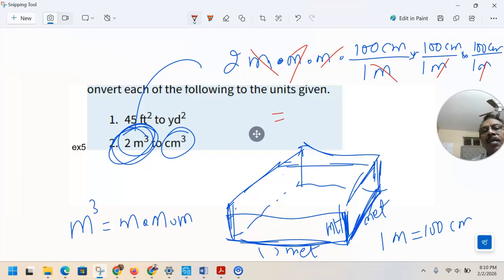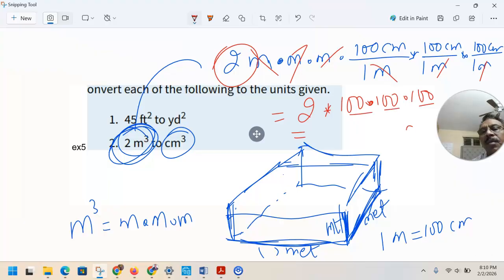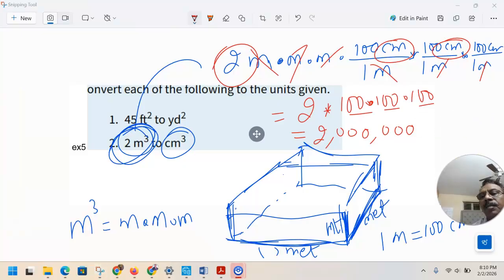So what I have left is 2 times 100 times 100. You can see it is 6 zeros here. So 1, 2, 3, another 3, and 2 million. So this is 2 million, and there is centimeter, centimeter, centimeter. So that becomes centimeter cube, three of them, or another way to say is cubic centimeter.